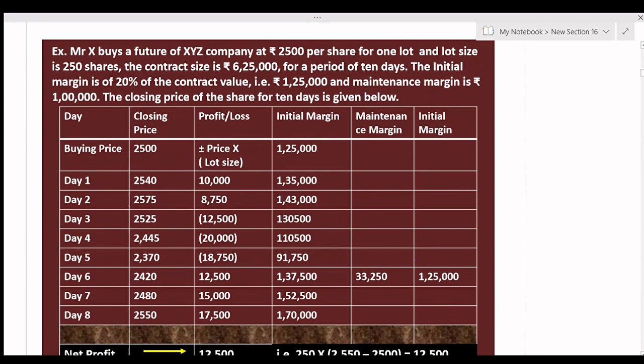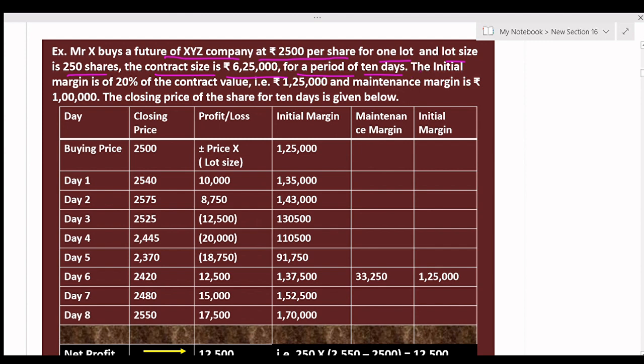Next comes a problem. Mr. X buys a future of XYZ company at rupees 2,500 per share for one lot, and the lot size is 250 shares. The contract size is 6,25,000 rupees for a period of 10 days.